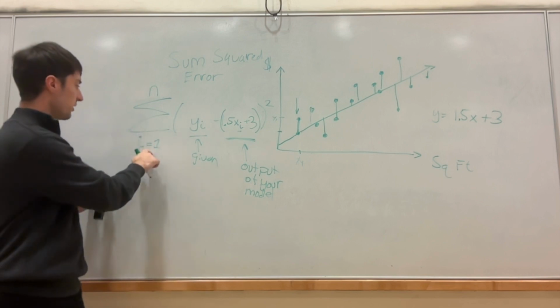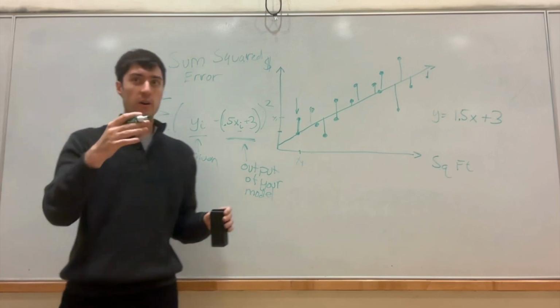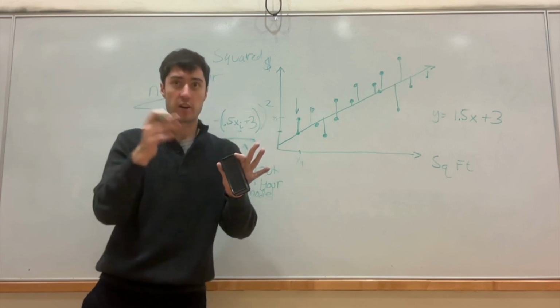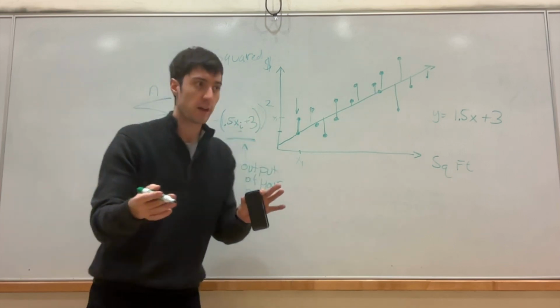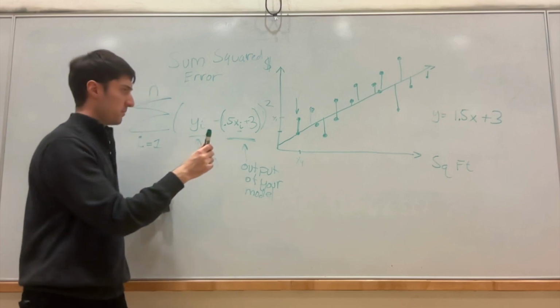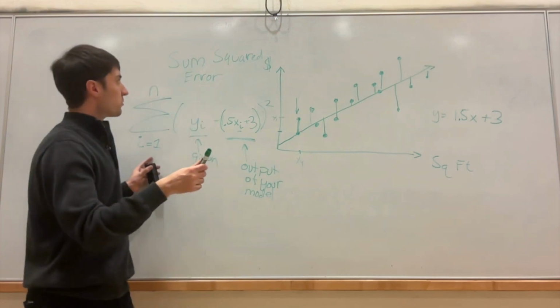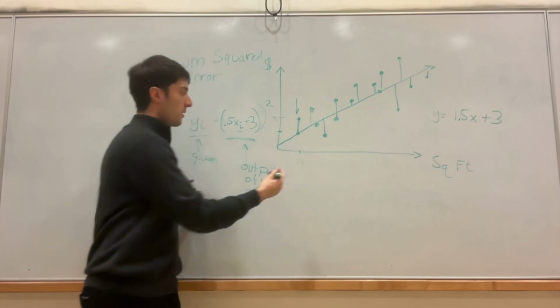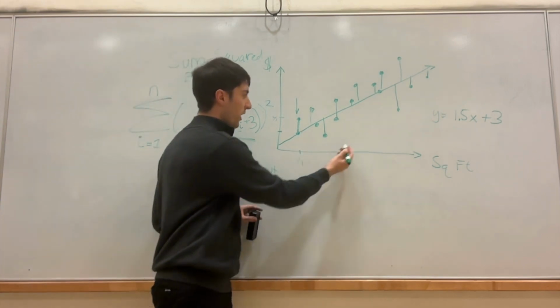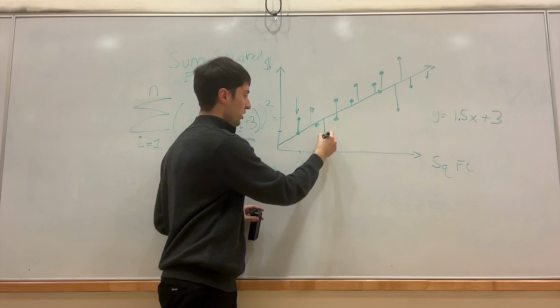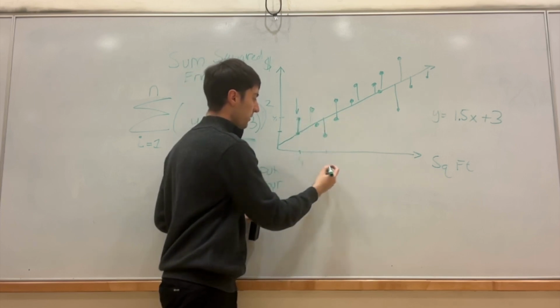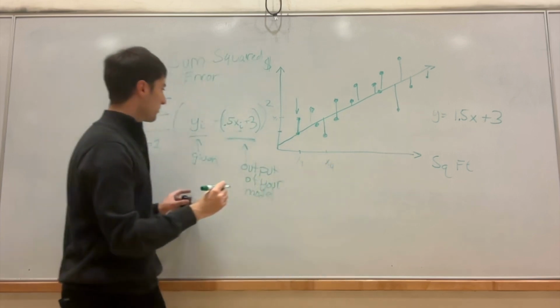So if you're at the 4th iteration, 1, 2, 3, 4, so this is x4. Okay.